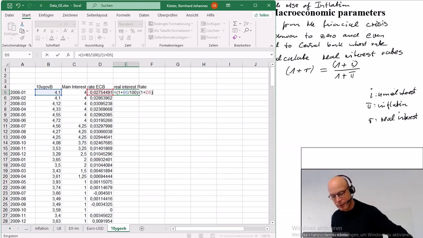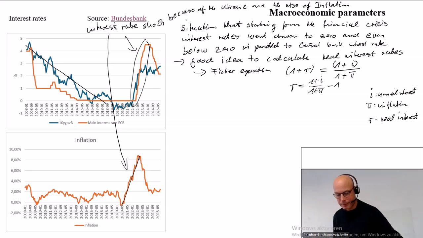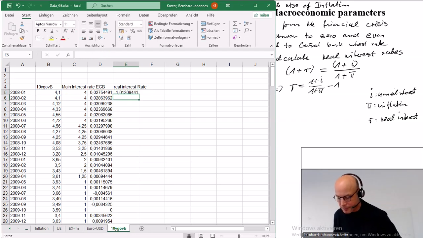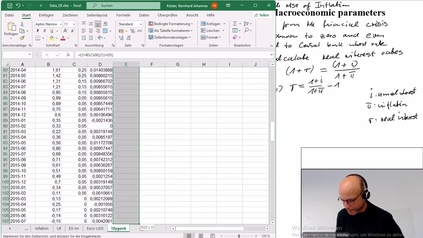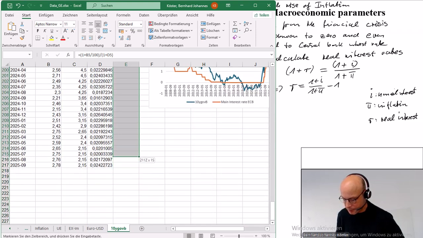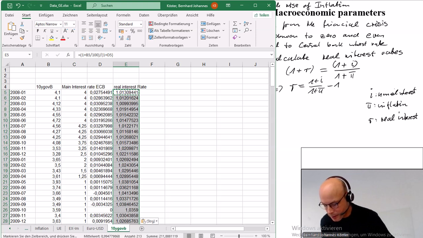And of course, in order to get then the interest rate, you have to subtract 1. Minus 1. I have forgotten. Sorry. I'm talking about it and not doing it.